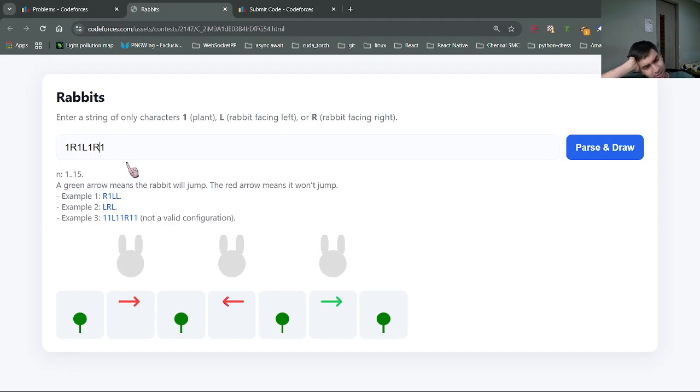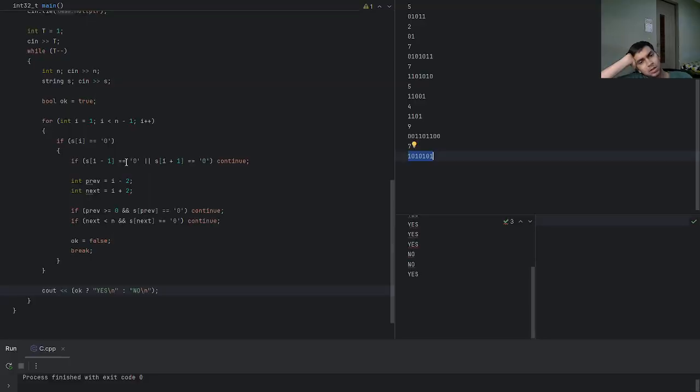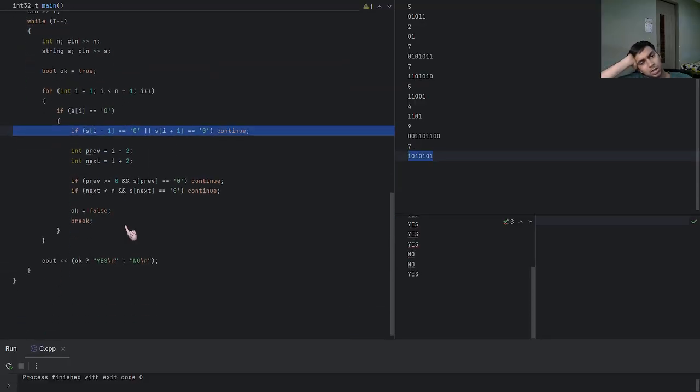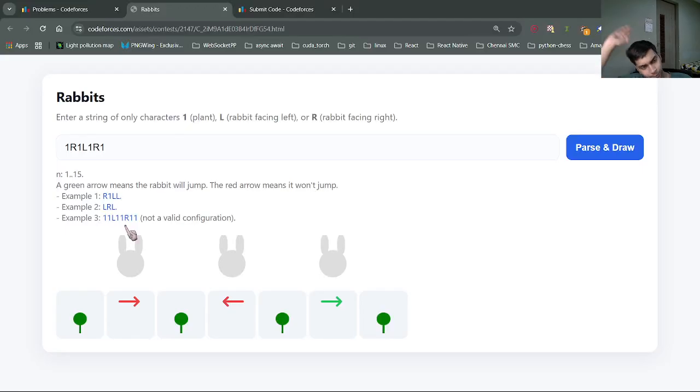So then this would make things a lot more complicated. You can't simply check for this condition, right? Yep. Okay.